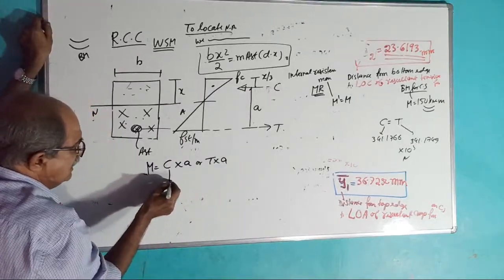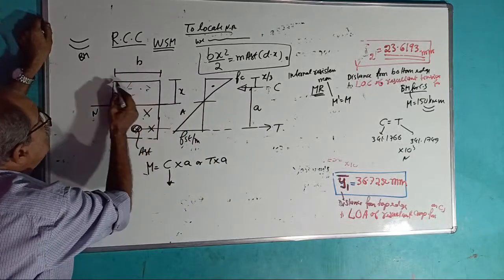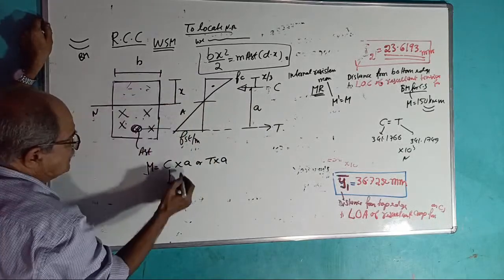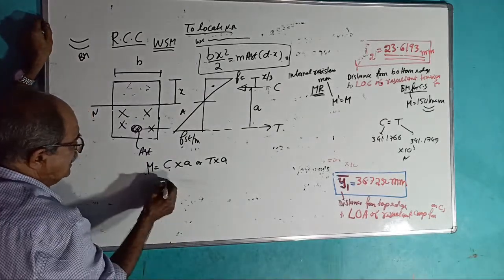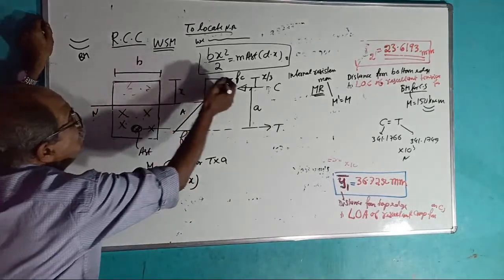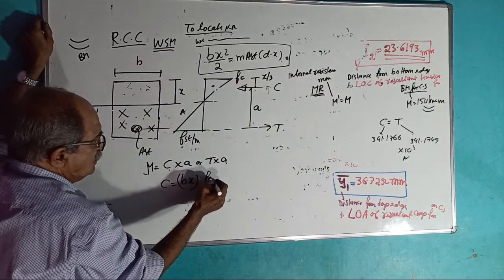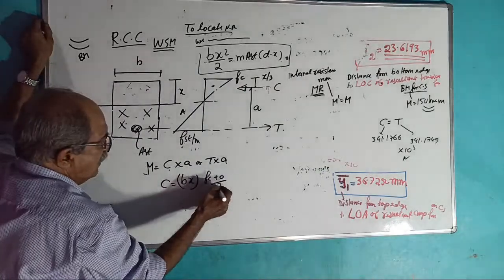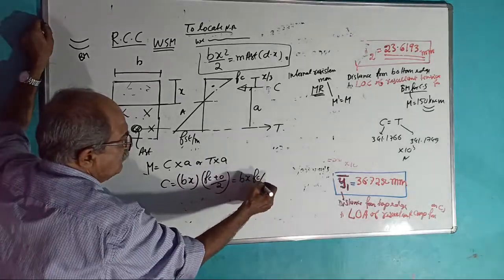Remember, your C equal to the resultant compression force equal to B into X, the area, into the average stress, FC plus 0 by 2, that will be equal to Bx FC by 2.